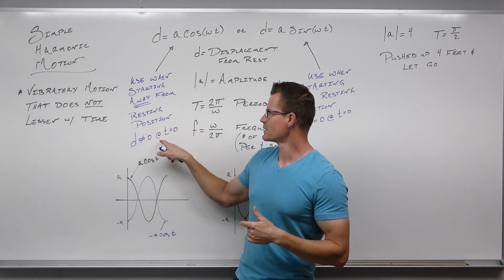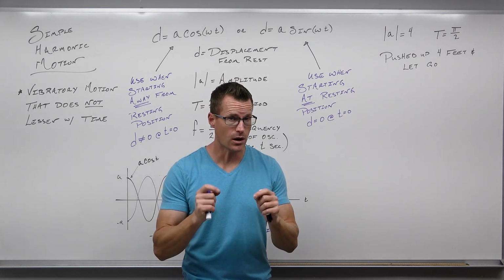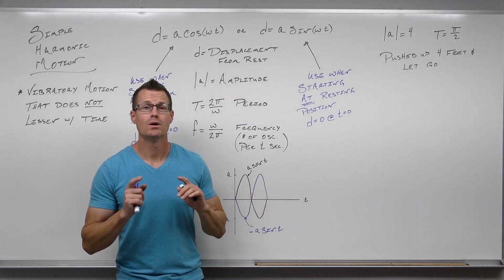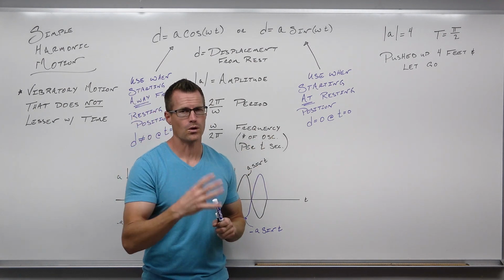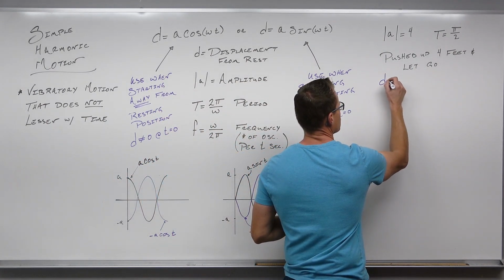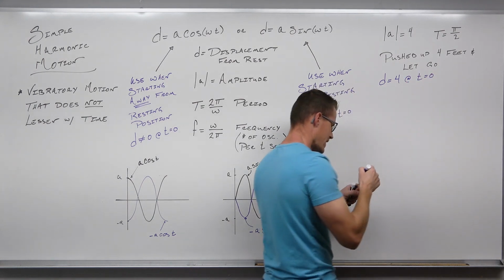In fact, we can say, if your displacement at time 0 is not equal to 0, use cosine. If your displacement is 0 at time 0, use sine. In our case, our displacement is 4 when we are at time 0. Why is that?